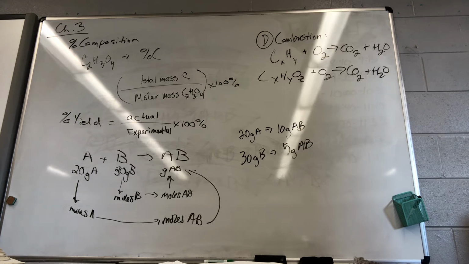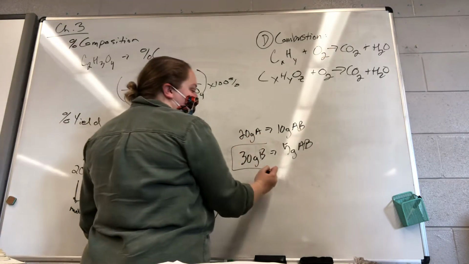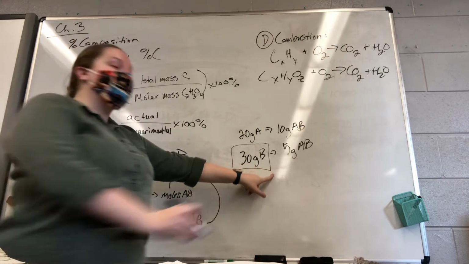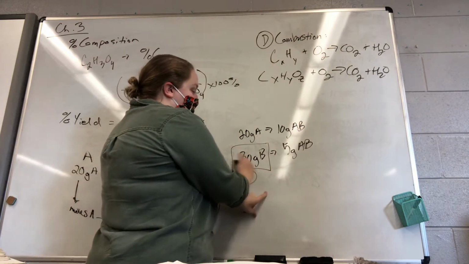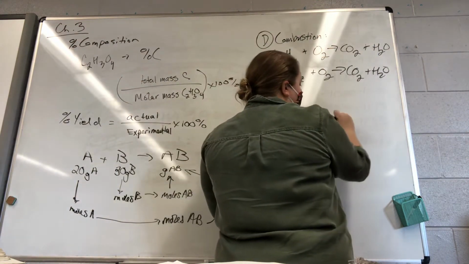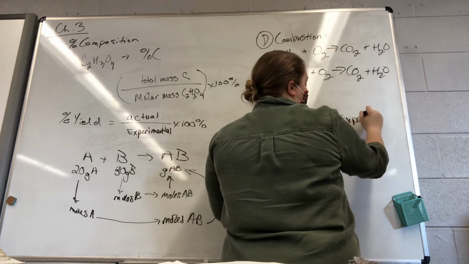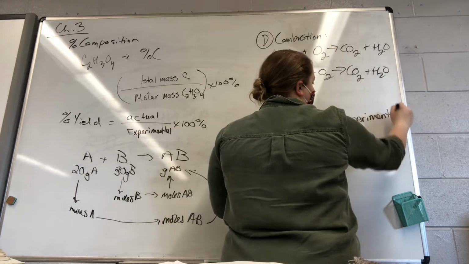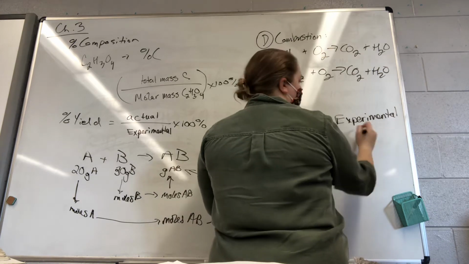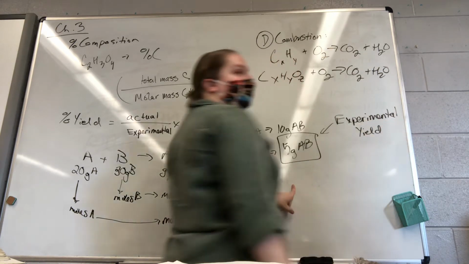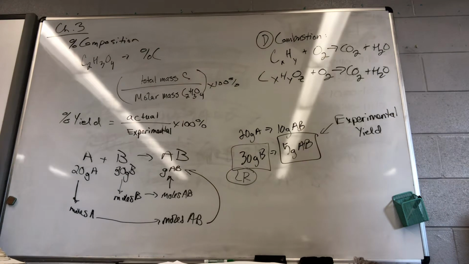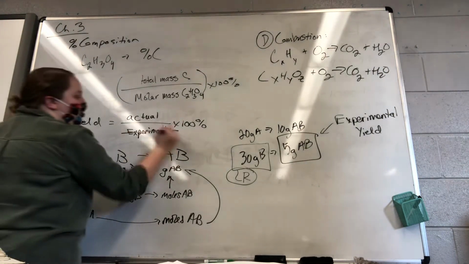So this guy is the limiting reactant. The amount that it produces is the experimental yield. Oops, sorry. What it should produce is the theoretical yield. A lot of times you'll see experimental replaced with theoretical.